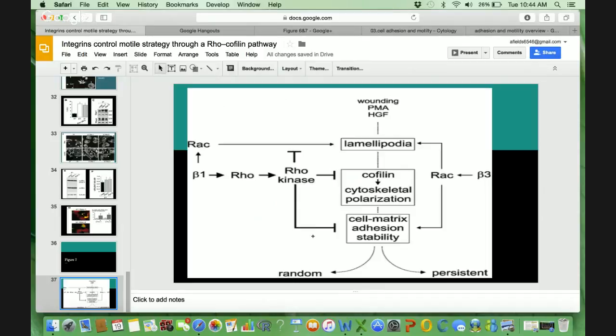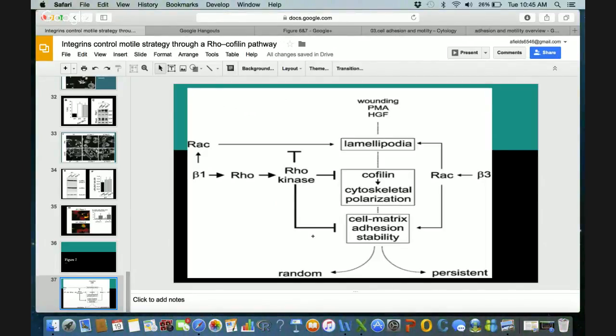So they actually do us a favor. Here in figure 7, they try to map out the pathway that they associated with all the experiments that they had compiled together to sum everything up.